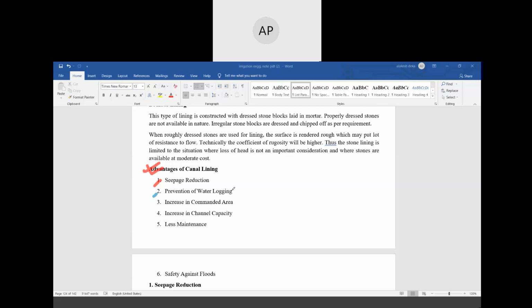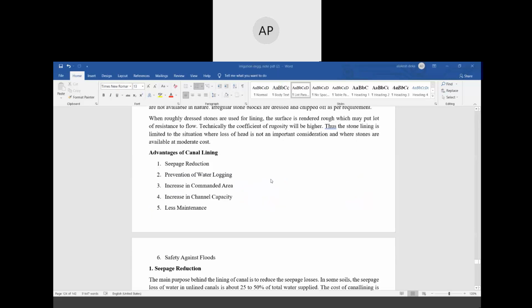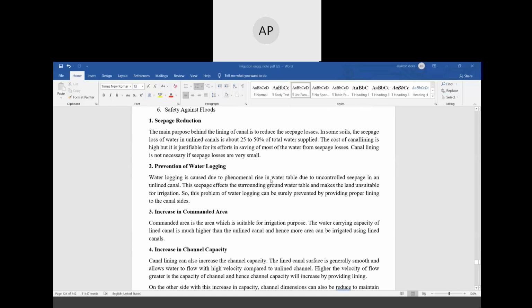There is no waterlogging if you line the canal. Increase in commanded area. Why? Because there will be no loss of water. More water will be irrigated to the crop, and you will have more commanded area. Increase in channel capacity, less maintenance, and safety against floods. These are the advantages of canal lining.